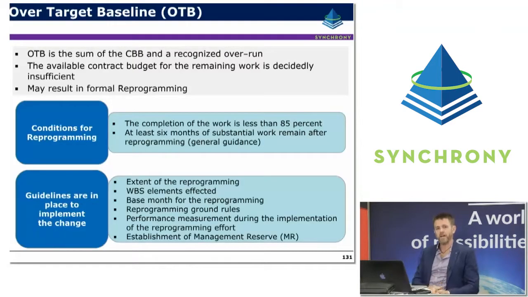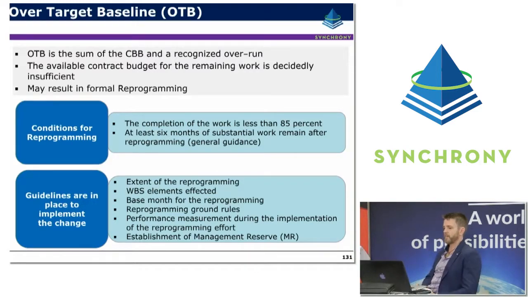Okay, over the target baseline. This is another, I guess, quirky type of earned value management terminology that's used to describe a particular scenario. It's a fairly rare scenario, so it's not one that's worth putting too much emphasis on in terms of the material, but to have that awareness of it is the main thing.